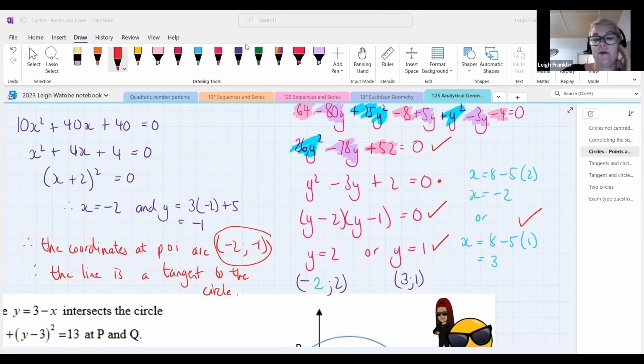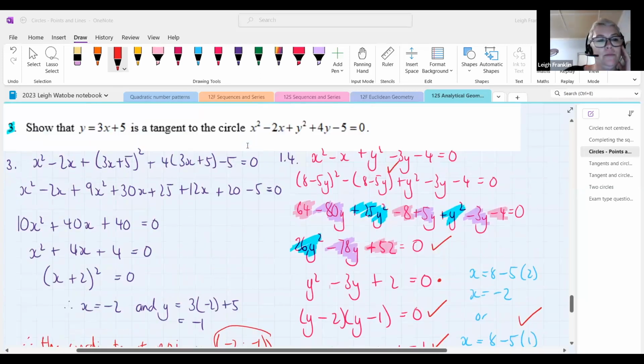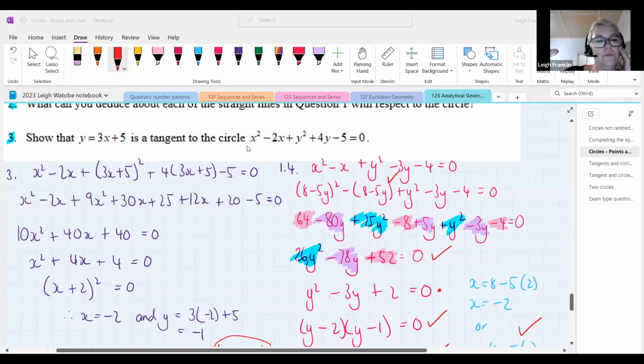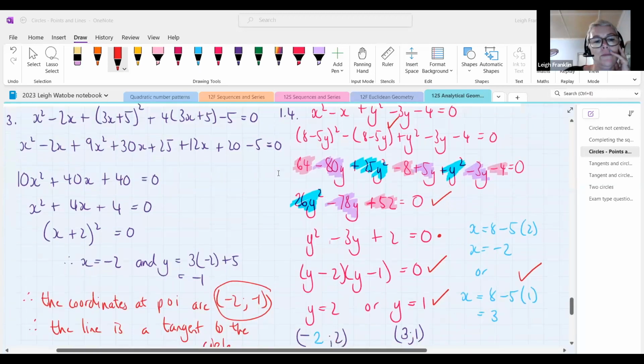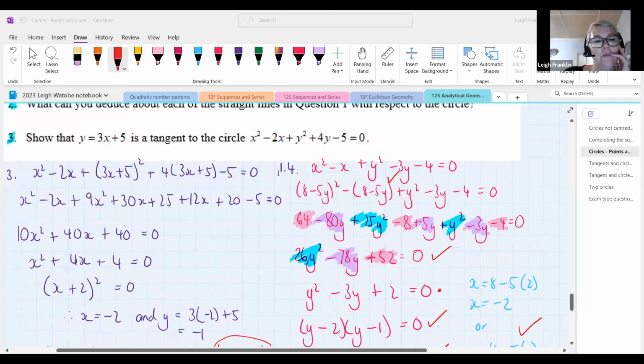Yes, you're welcome to go ahead and ask. Ma'am, if they say prove that the tangent and the circle, would you have to then prove that it's equal to -1? The two gradients. I'm not sure I'm following your question.